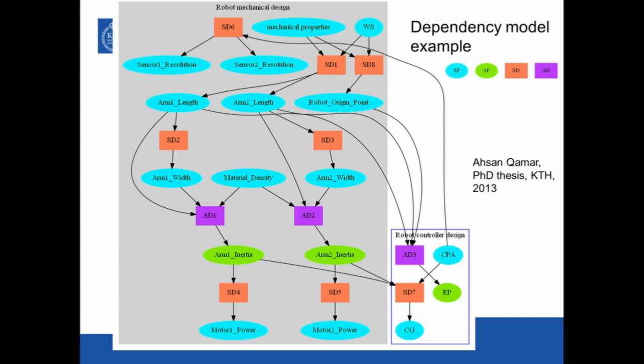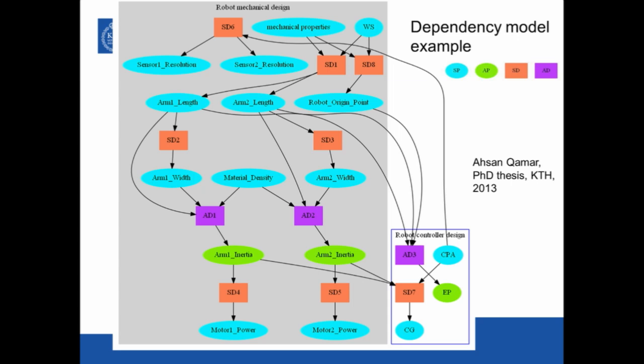The idea is that you can describe this for a discipline, this would be mechanical engineering. We make choices and we get emerging properties. Then we have control engineering and we make other decisions. At the top level, we want some accuracy of the controller, and we have to decide on the controller strategy.